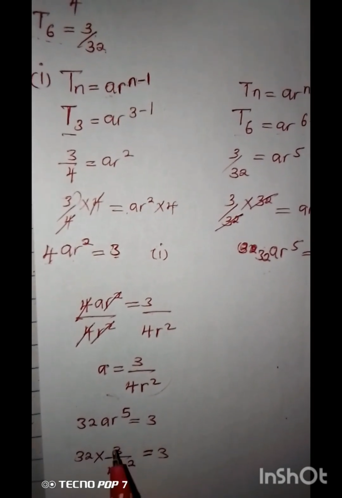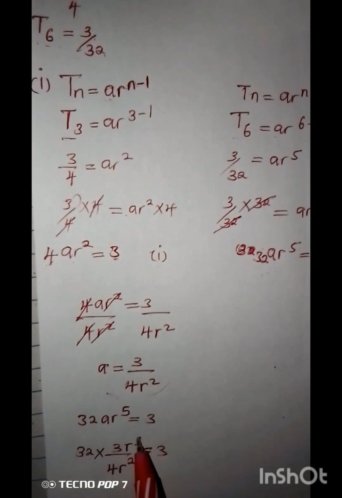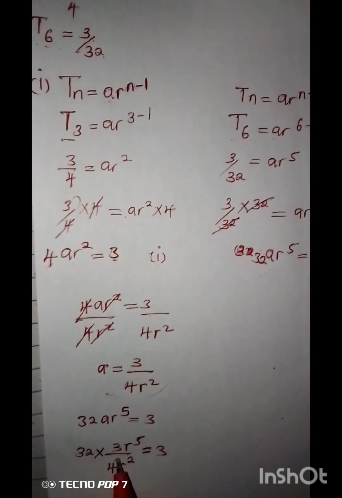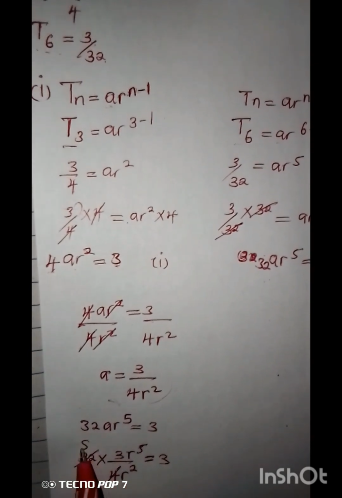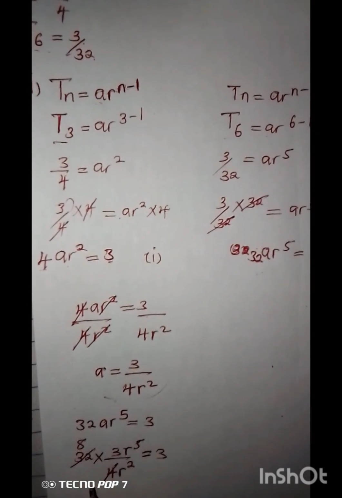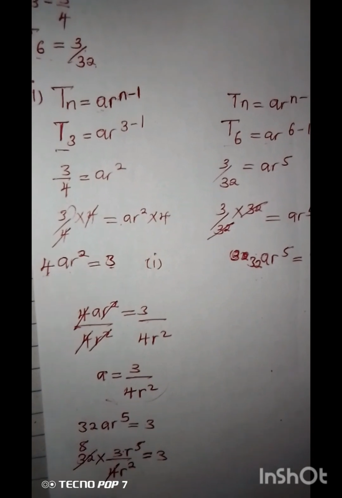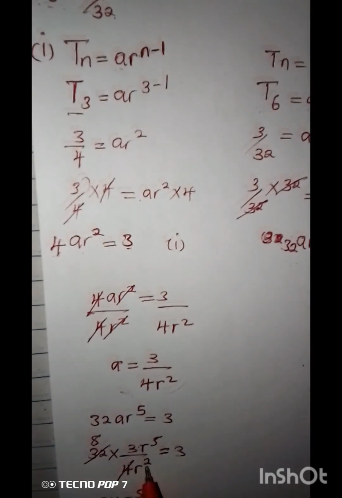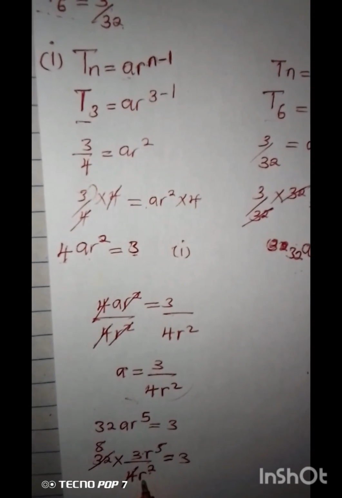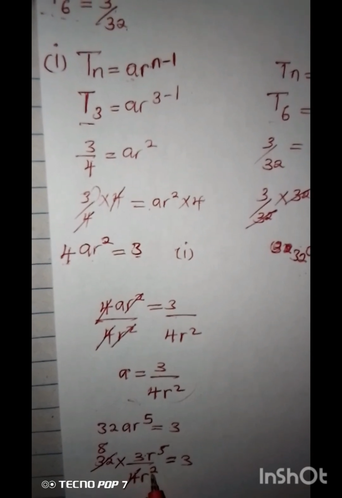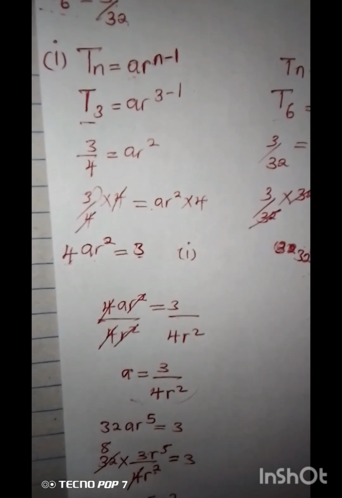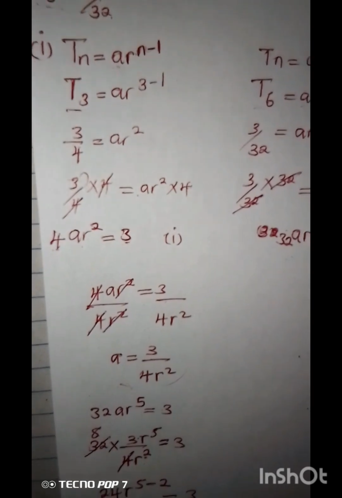So then, we have r to the power 5. So 4 can go into 32 how many times? 8. So 8 times 3, that's 24 r to the power 5. Then we have r, which is the denominator, has got the power 2. We just subtract this 2, is equal to 3.